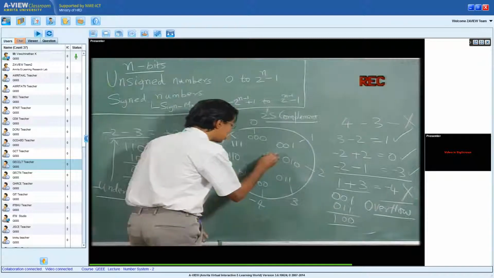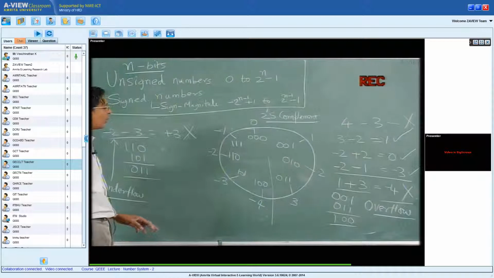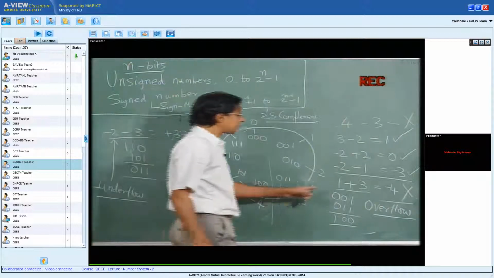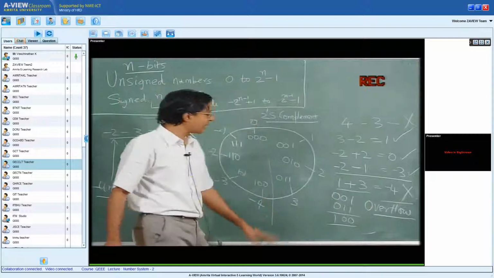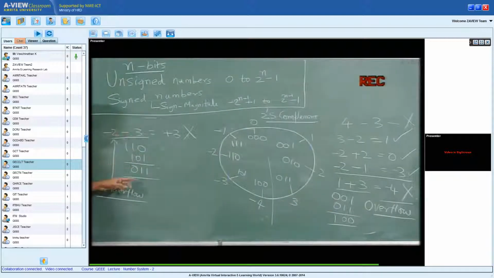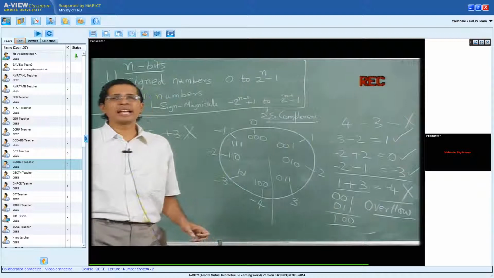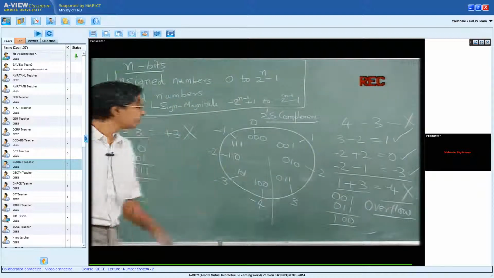So when will I get an overflow? When both the numbers are positive and I get a negative number as an answer, or when both the numbers are negative and I get a positive number as an answer, as you are seeing here. These are the cases where I will land up with an underflow or an overflow.